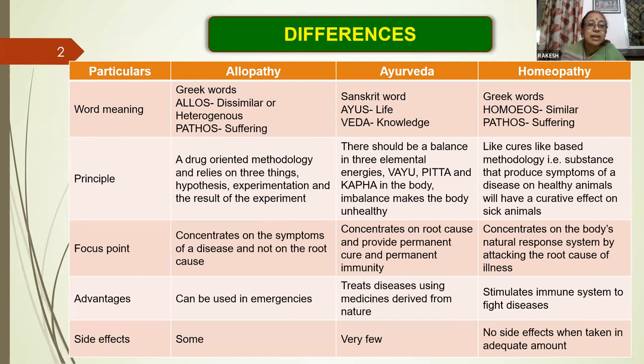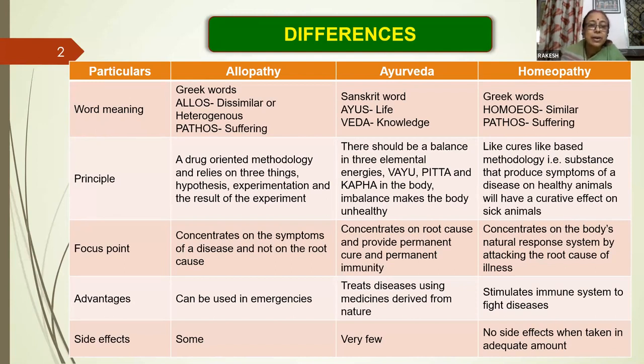In allopathy, the focus is on the symptoms of a disease and not on the root of the cause. It only works on the symptom, but the disease may reoccur. But Ayurveda concentrates on the root cause and provides permanent cure and permanent immunity, though the treatment duration is long.